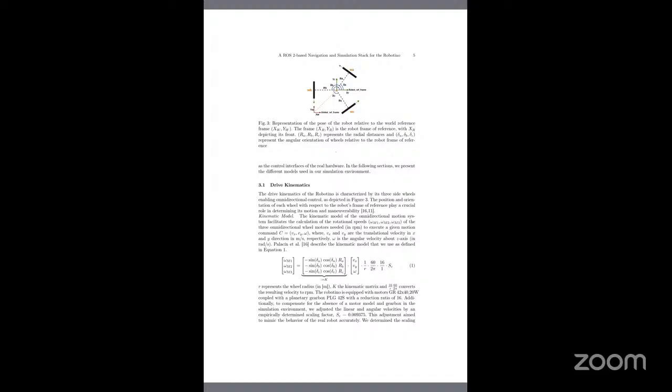If you give Vx equal to 0.5, Vy equal to 0, omega equal to 0, what will happen? The robot will move forward. If you give Vy equal to 0.5, the robot will move sideways. If you give 0, 0, omega 1, the robot will rotate.